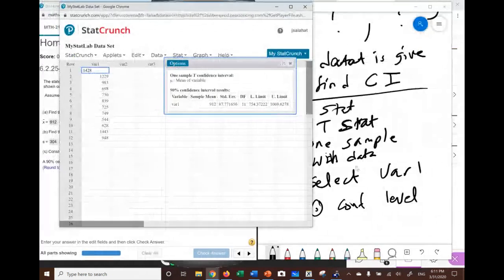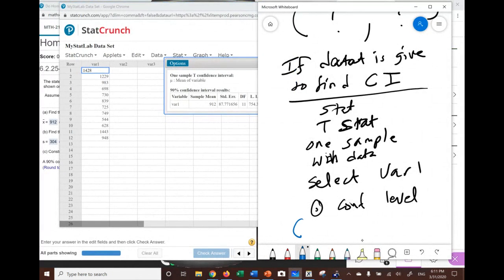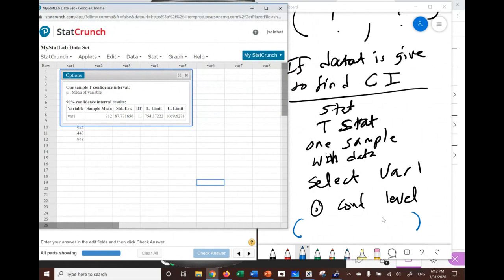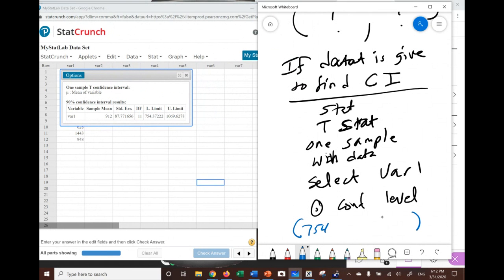The interval is 754.37222, and the second one is 1069.6278.